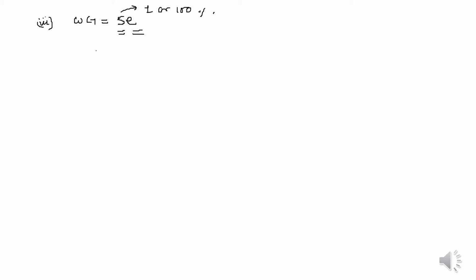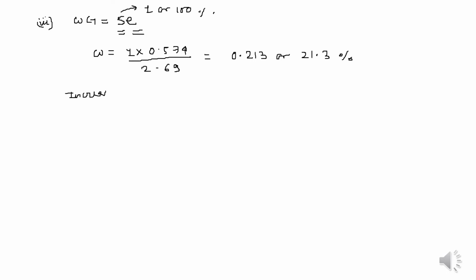So our water content now becomes, with S as 1, e as 0.574, and the specific gravity remaining the same at 2.69, water content equal to 0.213, or as a percentage, 21.3%. So what is my increase in the water content?